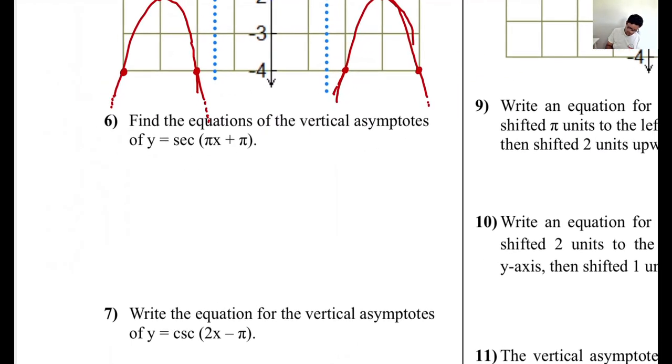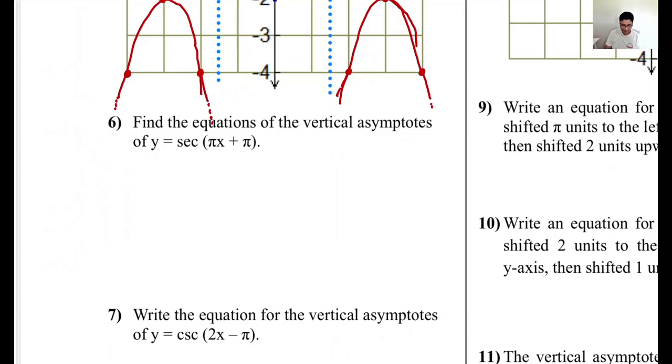Okay, here's another question. Find the equations of the vertical asymptotes of that function. Okay, I'm glad that we've got enough practice by now. So you know what to avoid, right? The argument to the secant, pi x plus pi, should not be equal to (2n plus 1) pi over 2.